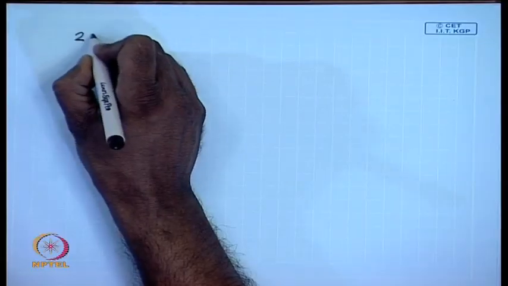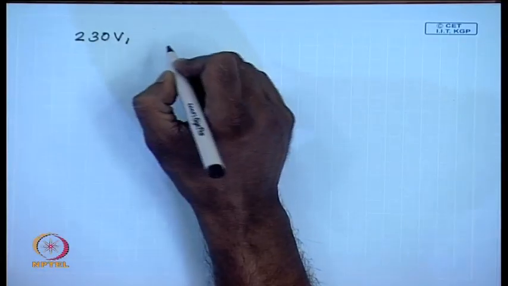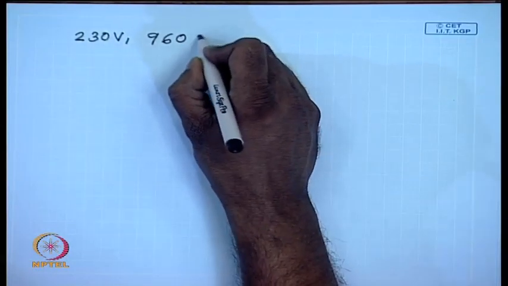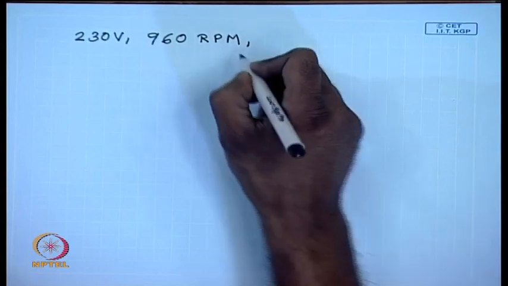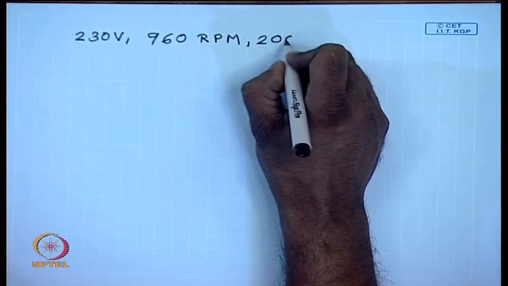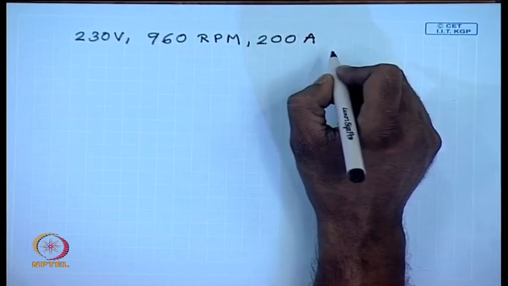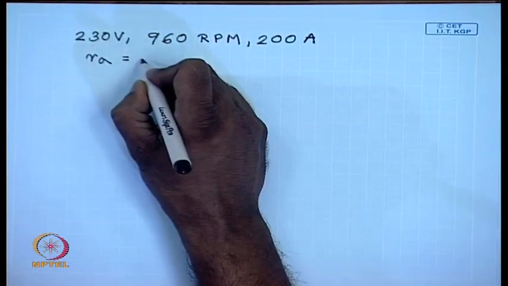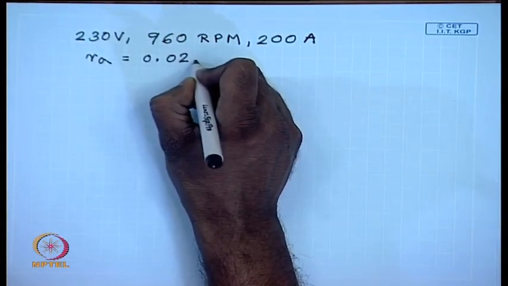Let us try to solve similar problems involving choppers. So, we have a 230 volt, 960 RPM, 200 ampere separately excited DC motor, its RA equal to 0.02 ohm.